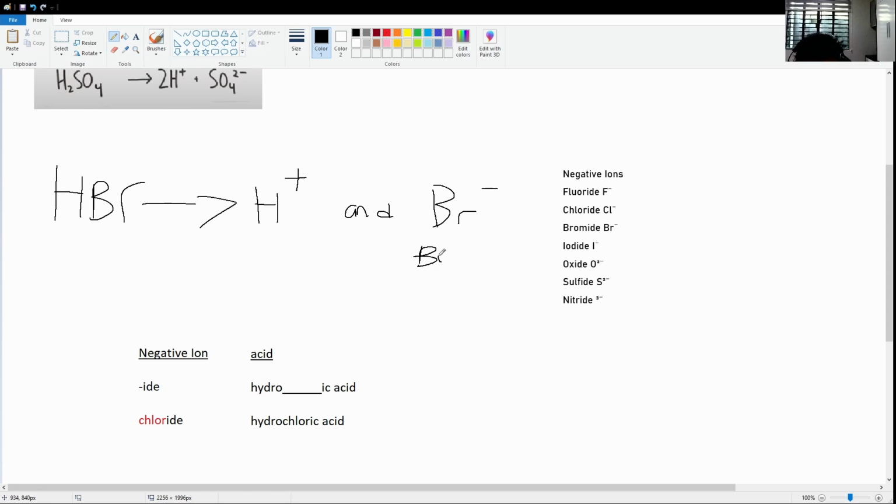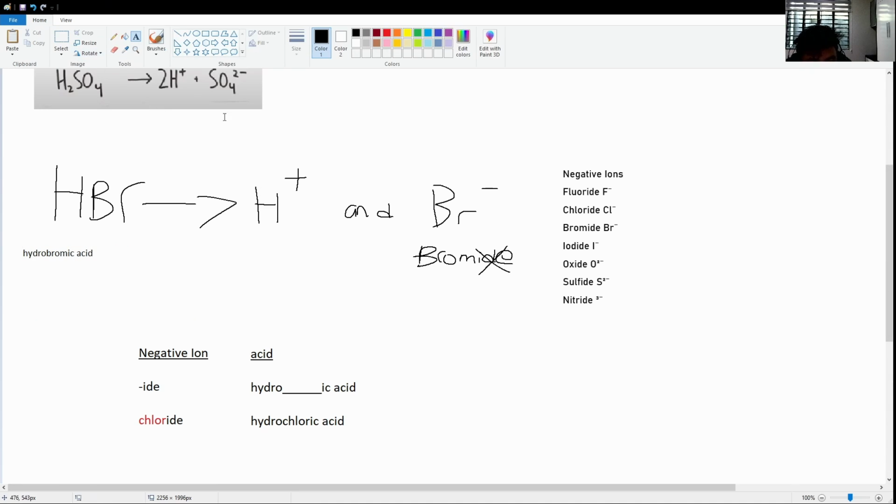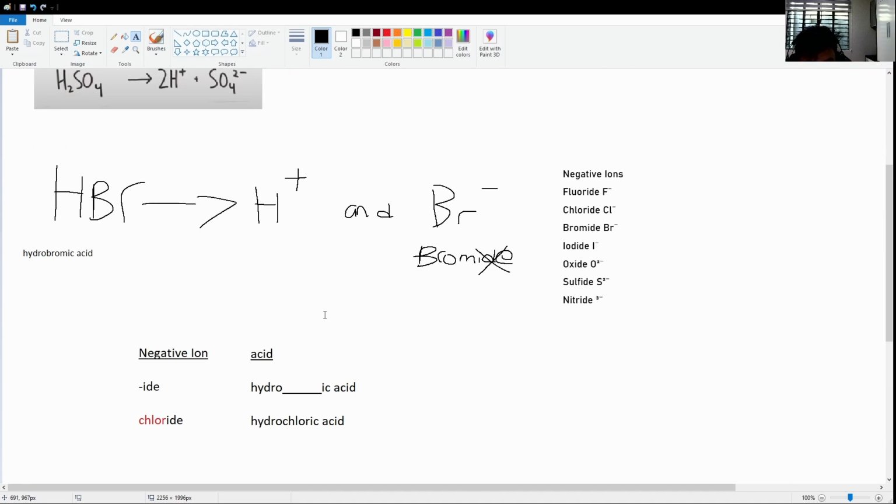Then we cancel this ide and take only the brom and put it in here. So it's going to be hydrobromic acid. So it's that simple to name an acid without oxygen.